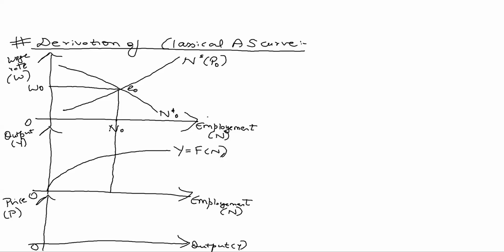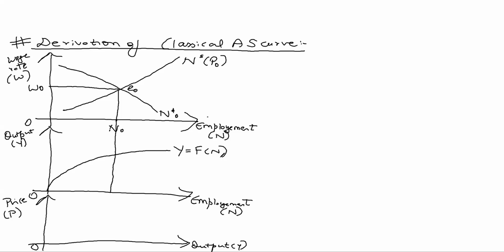All students know the concept of the law of variable proportions, and all of you also know that the production function is concave because of diminishing marginal productivity of labor. As you keep on hiring more and more labor, every additional labor produces less and less output.